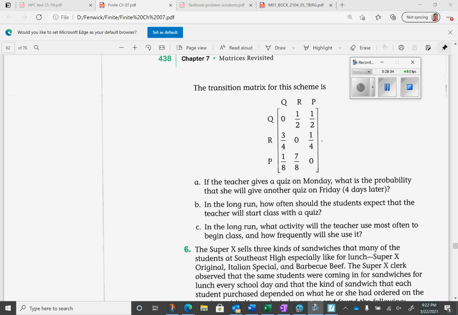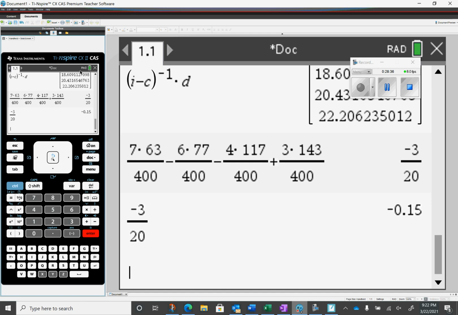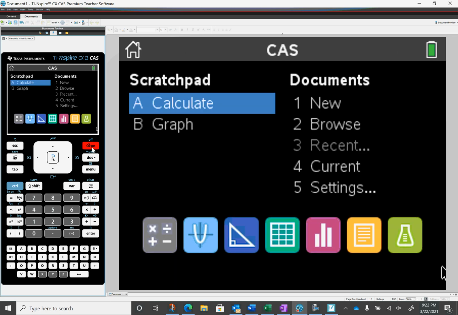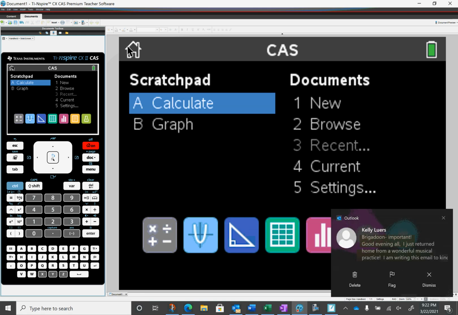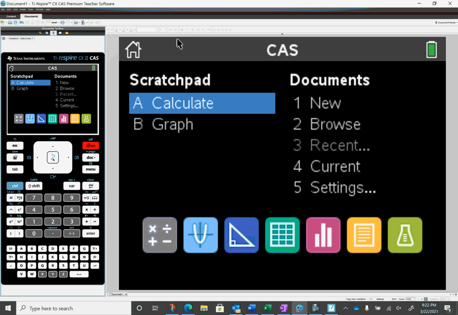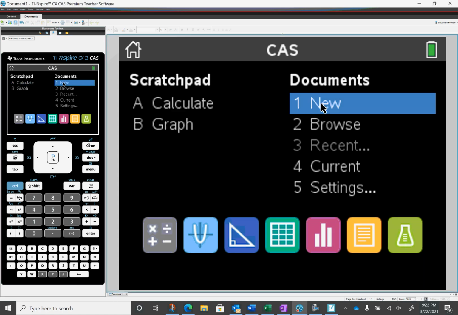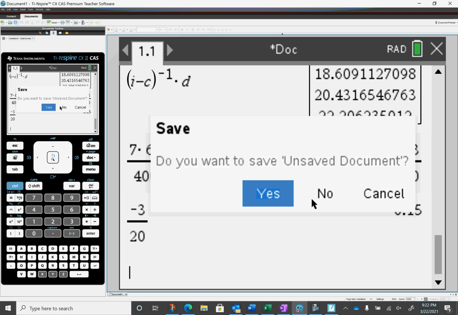So my preference is, with my Nspire, I'll push the home button, because it's got a little icon that looks like somebody's home, and choose new document.